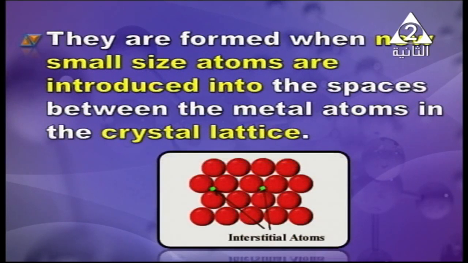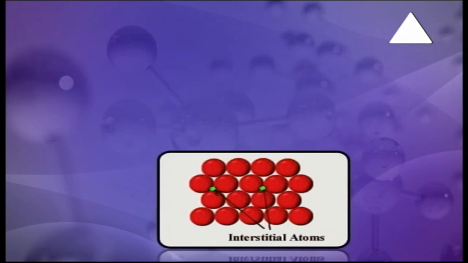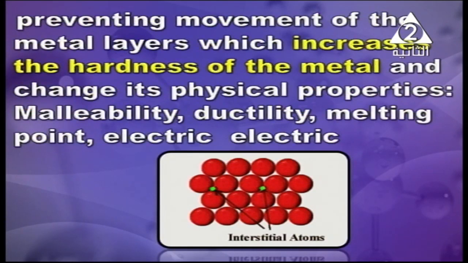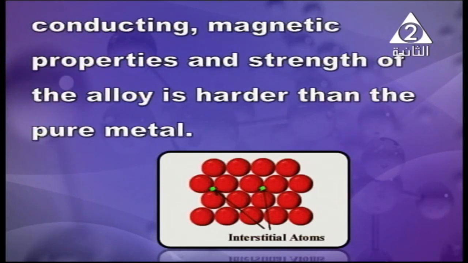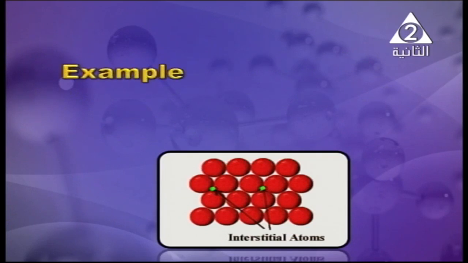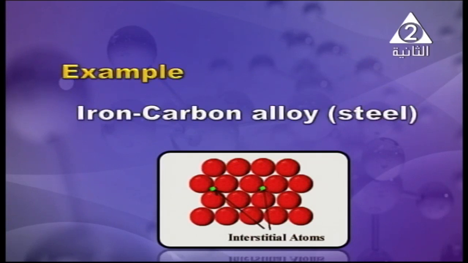It is the alloy formed when new small-size atoms are introduced into the spaces between the metal atoms in the crystal structure, preventing movement of the metal layers, which increases the hardness of the metal and changes its physical properties such as malleability, ductility, melting point, electric conductivity, and magnetic property, and the strength of the alloy is harder than the pure metal. Example: iron-carbon alloy, which is steel.